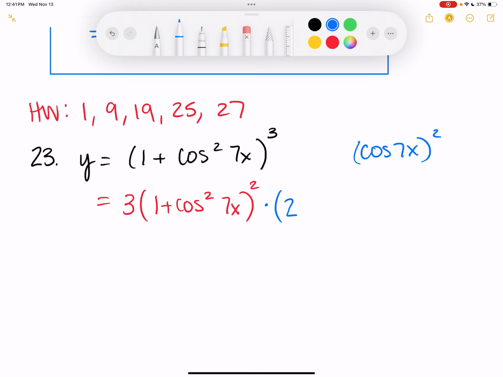So this is going to be 2 times the cosine of 7x times the derivative of cosine of 7x, which would be minus sine of 7x, times the derivative of 7x, which is 7.